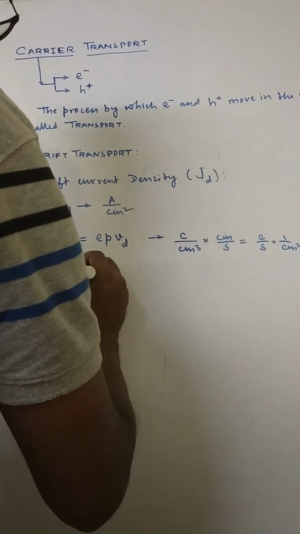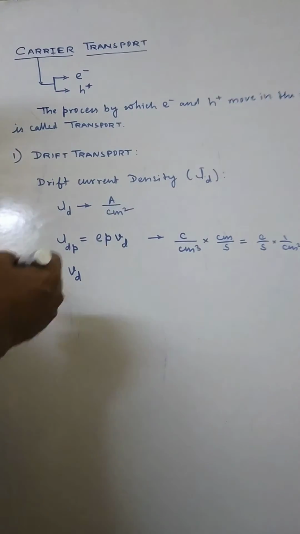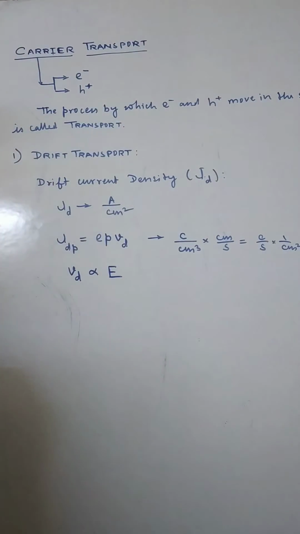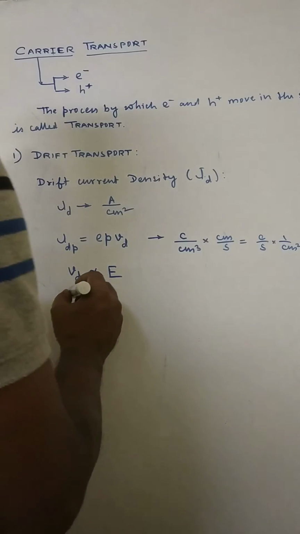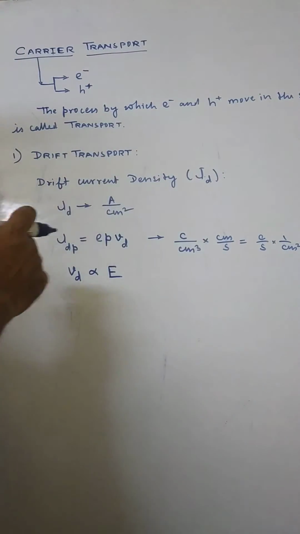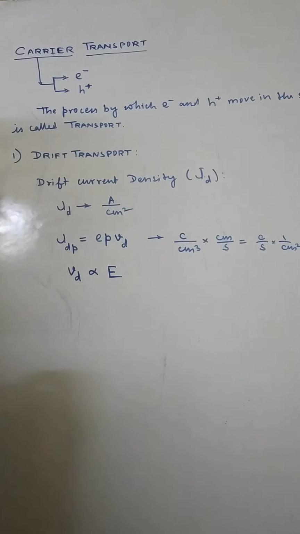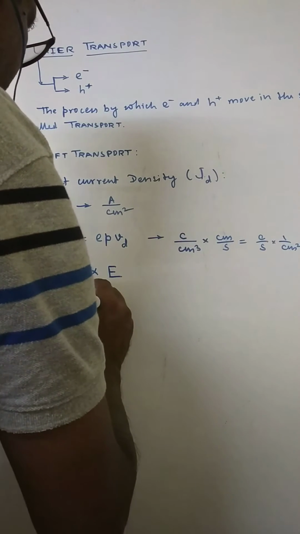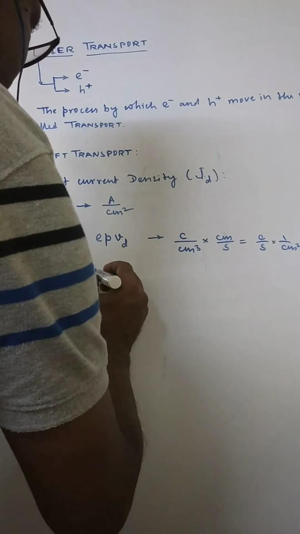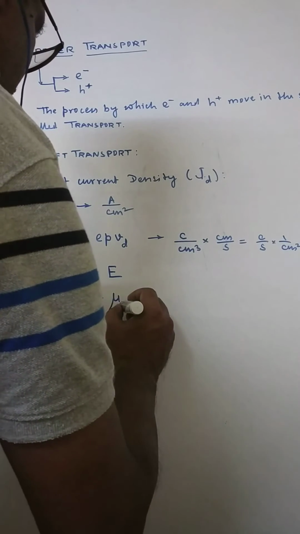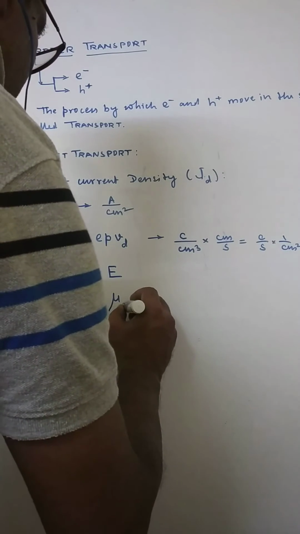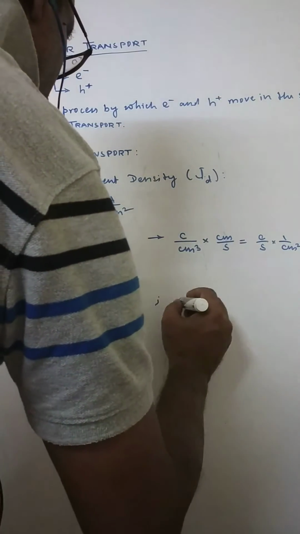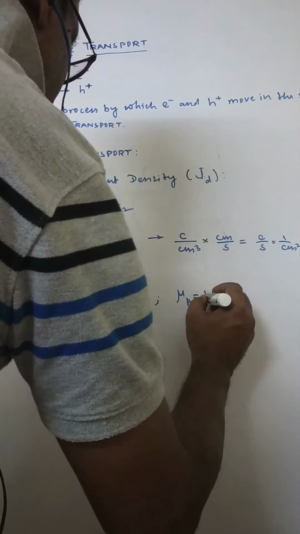Now Vd, the velocity of the hole, is proportional to the electric field E applied. If the electric field is more, the hole experiences more force, and hence the velocity will be more. If I remove the proportionality sign, we get a proportionality constant called mu P, the mobility of the hole, times E. So mu P is the hole mobility.